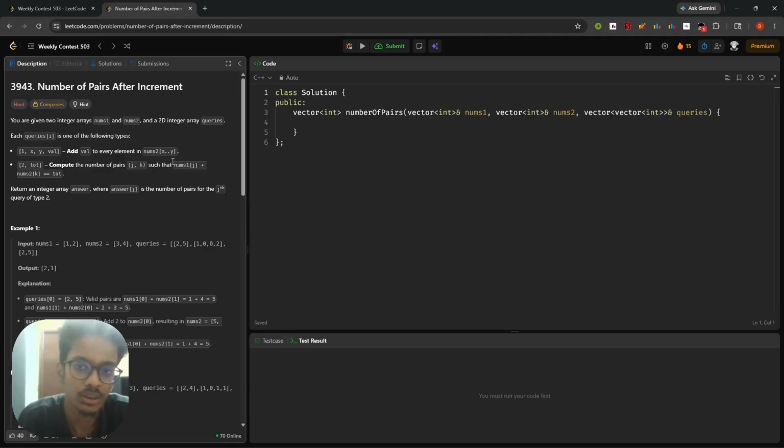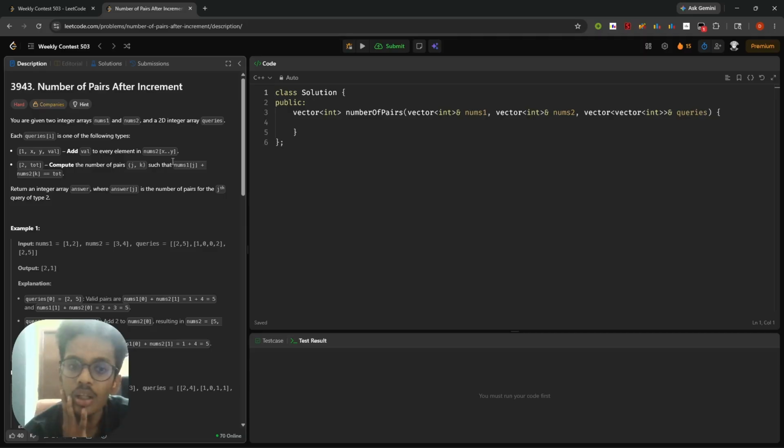Might be a segment tree question, isn't it? Is it a segment tree question? Next, type 2: you will be given total. Compute the number of pairs j, k such that nums1 of j plus nums2 of k is equal to total.